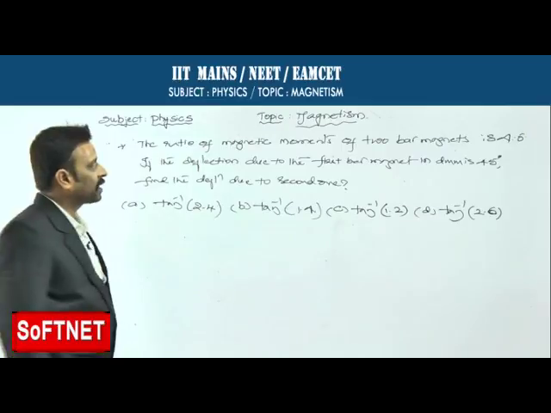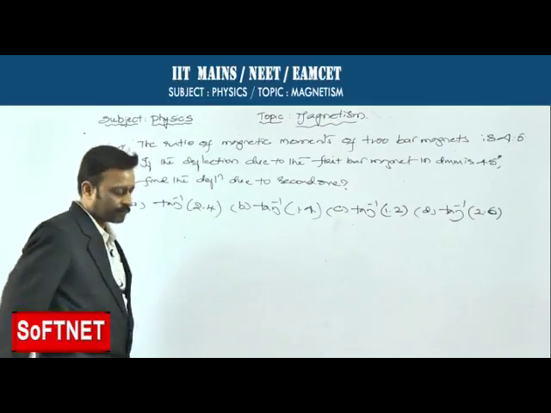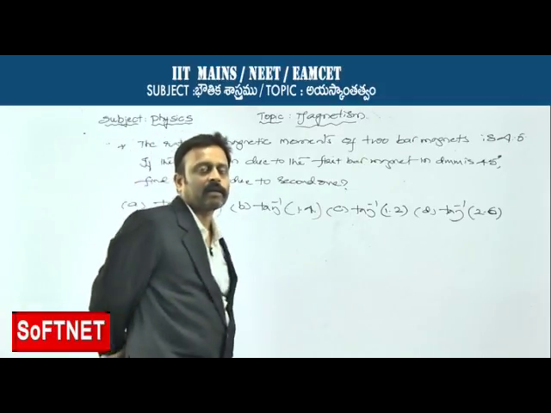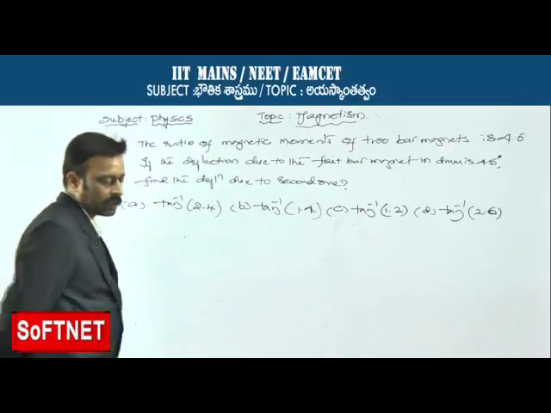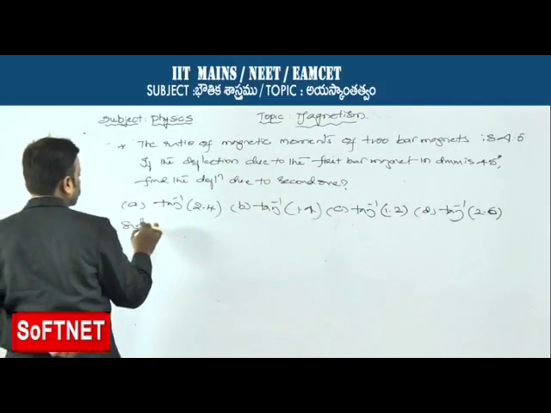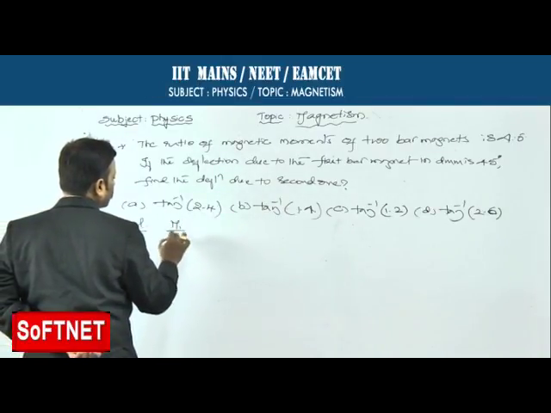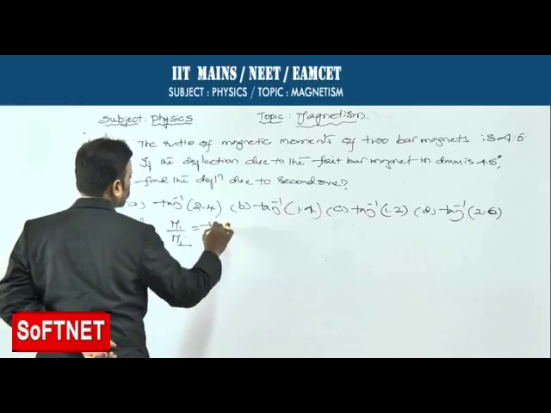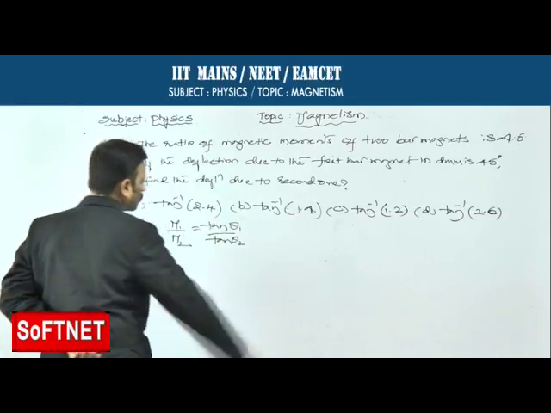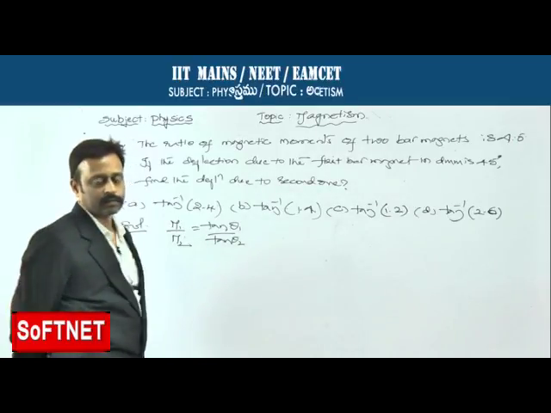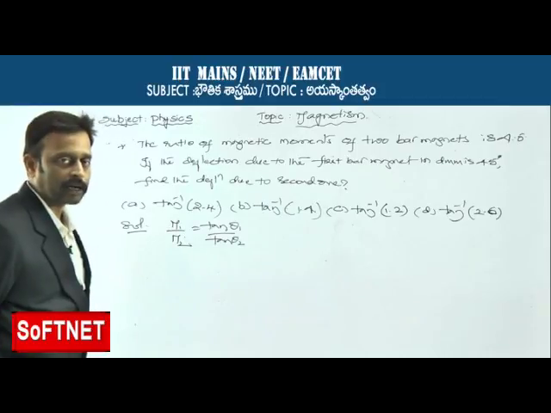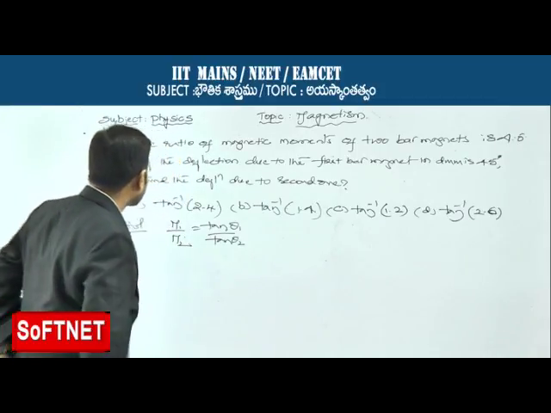Here, the ratio of magnetic moments on DMM. What is the formula for the ratio of magnetic moments of 2 bar magnets in DMM? The formula is M1 by M2 is equal to tan theta 1 by tan theta 2. We will come across this relation for DMM by the equal distance method to compare the magnetic moments of the given 2 bar magnets.